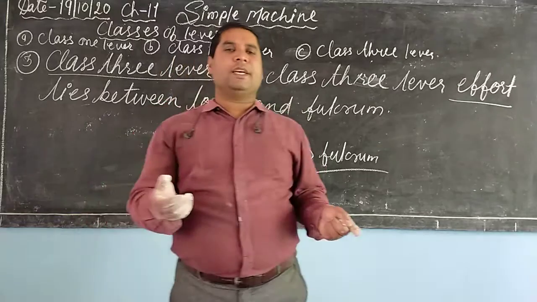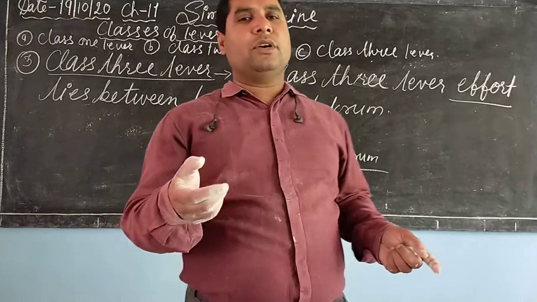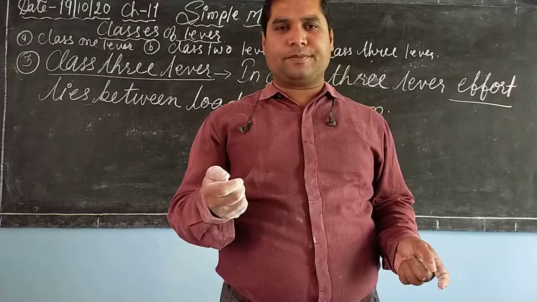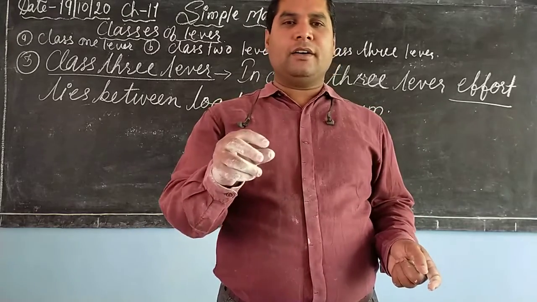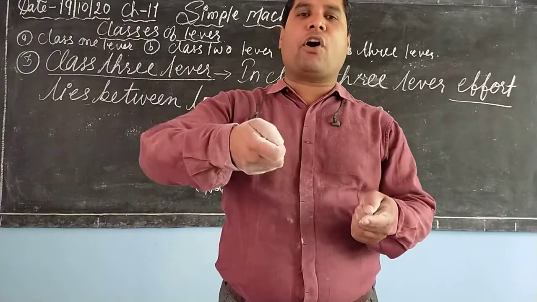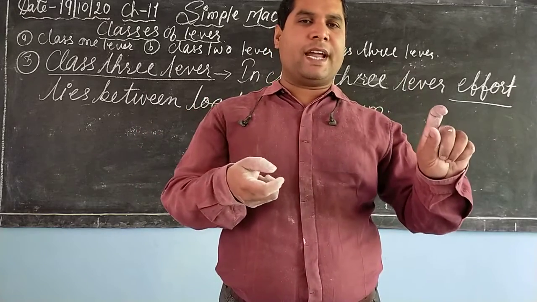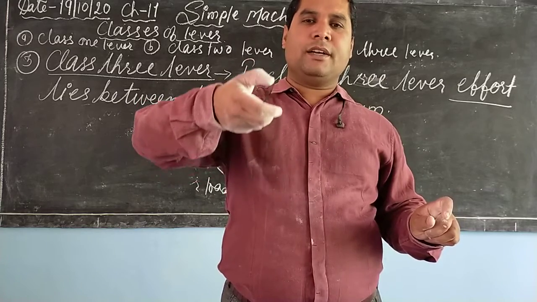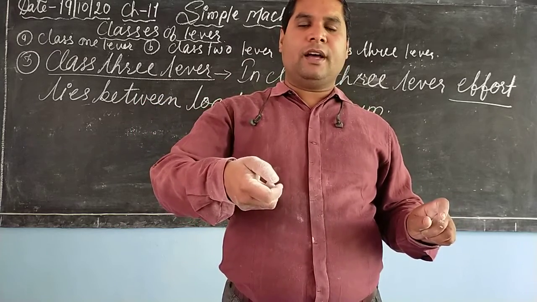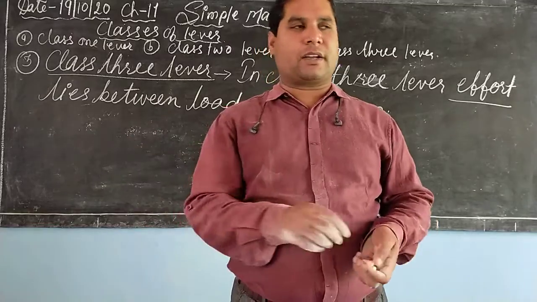So dear student, for example, you may have noticed in a sweet shop when you go to purchase sweets, the seller used to pick the sweet with the help of tongs. At one end the sweet is there, in between he applies pressure, and at the last there is the fulcrum.